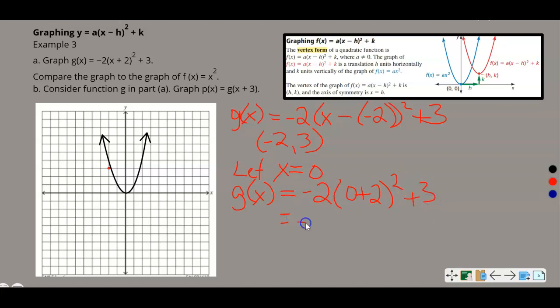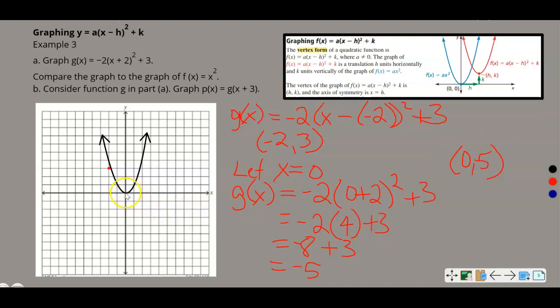So I'm going to have negative 2. 0 plus 2 is 2. 2 squared is 4. And I've got negative 8 plus 3, which is negative 5. So I've got another point at (0, negative 5).